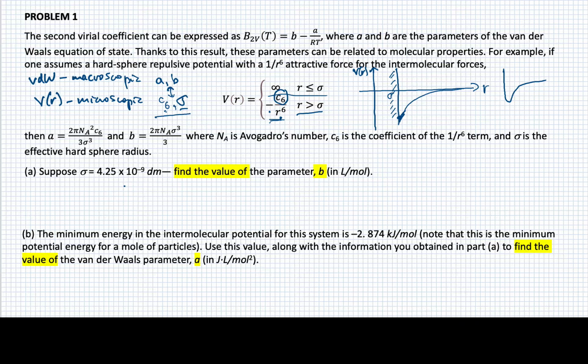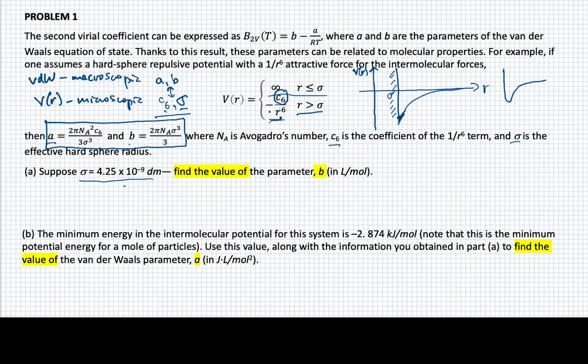We're going to be given values for C6 and for sigma, and we're going to use those values to determine the van der Waals parameters based on these two formulas that were given here. And these are formulas that are reasonably straightforward to derive, although I'm not making you do that as part of this problem. All right, so in the first part, we are told that the hard sphere radius is given here.